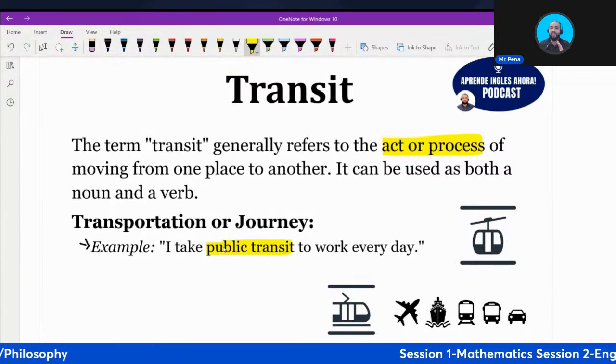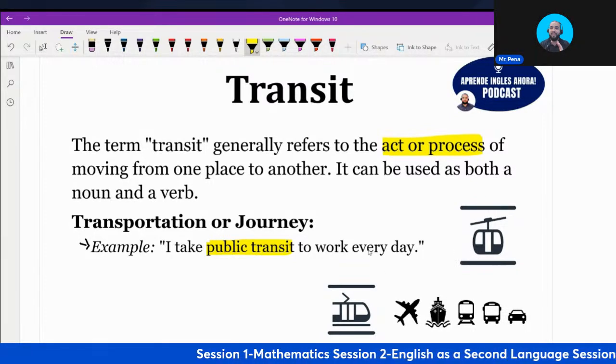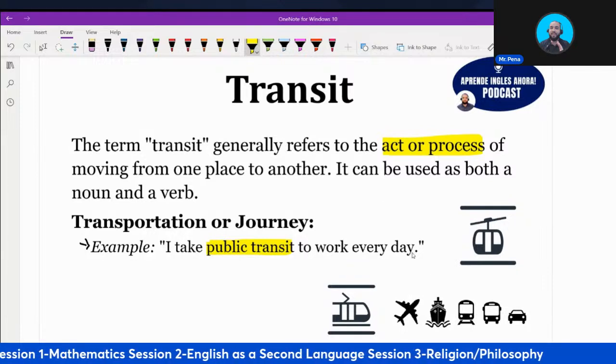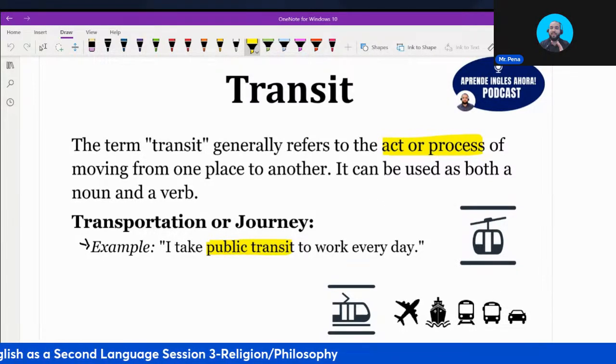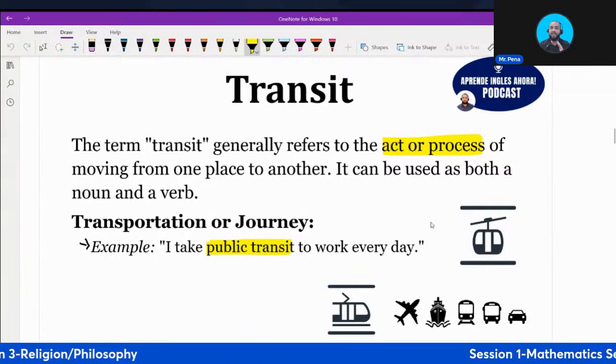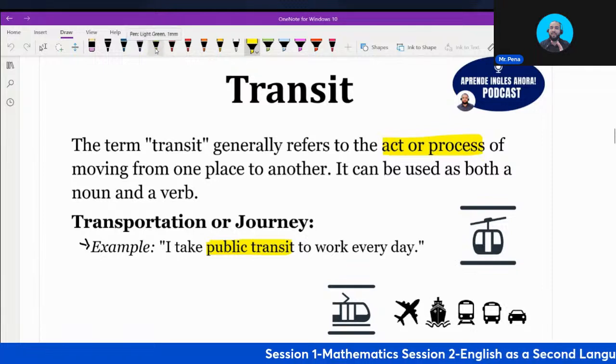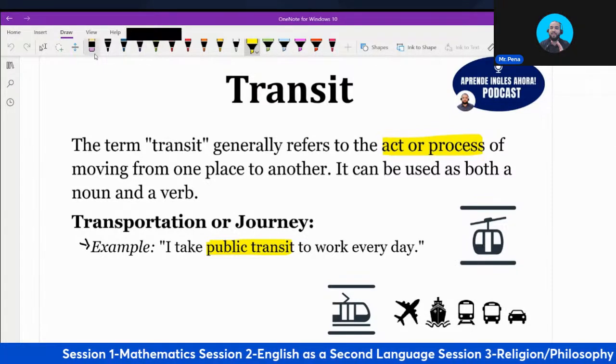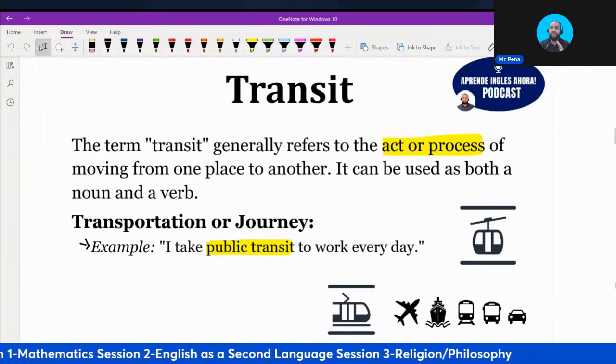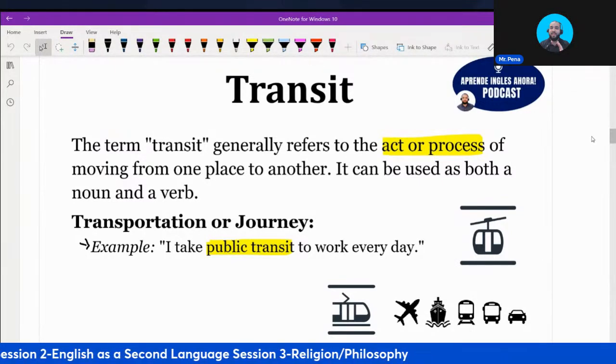We have public transit, such as a bus or a train, maybe even a helicopter. And then we have private transit, which is like a car. So basically, transit is the form or method of transportation, going from one place to another.